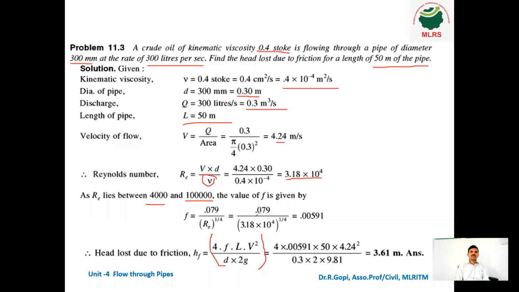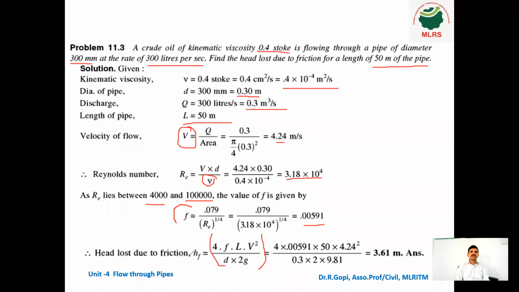Therefore 0.079 divided by the Reynolds number, 3.18 into 10 power 4. 0.00591 is the answer. So based on this, we found the two unknown parameters V and f.